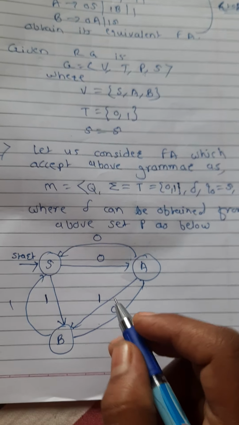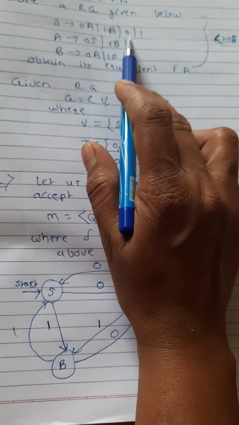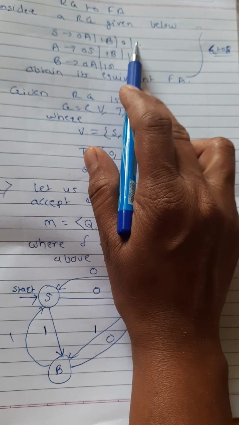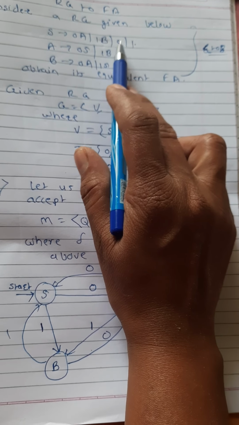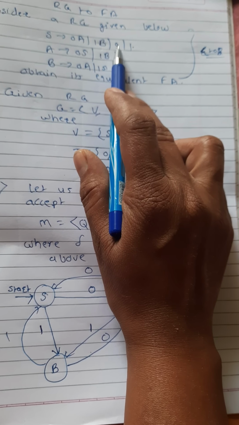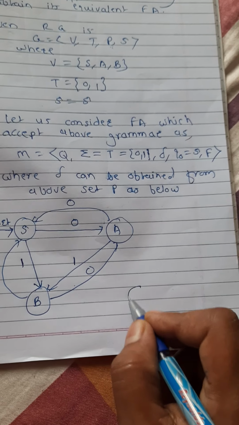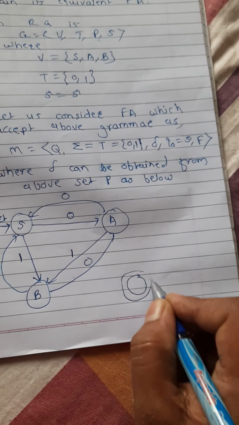Now we have to add the transition for such production rules. For a production rule having only a terminal symbol on the RHS, we have to add a new state. This state will become the final state.